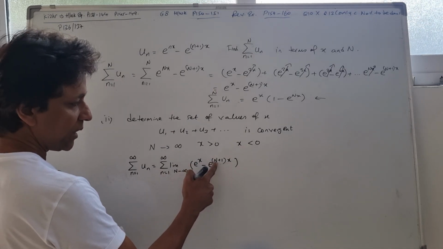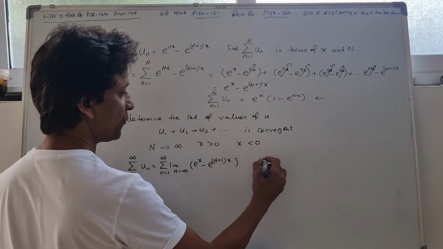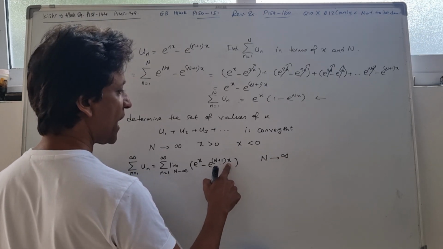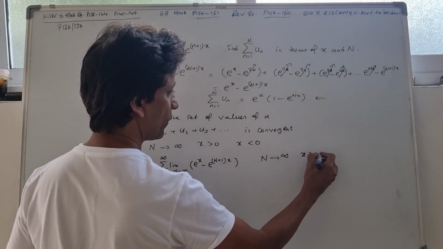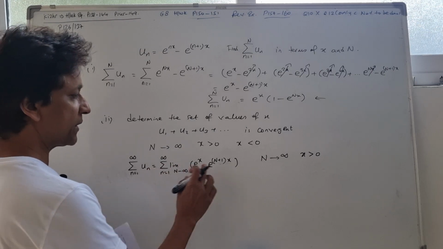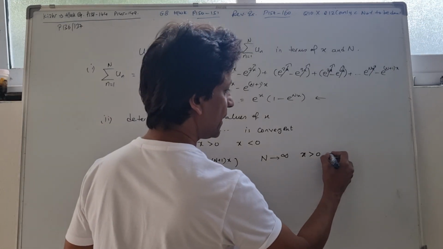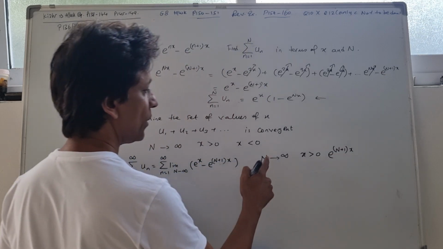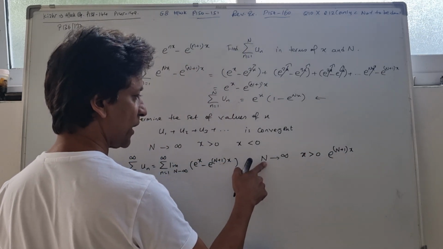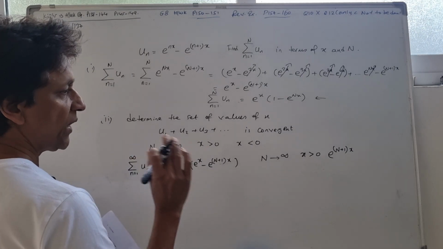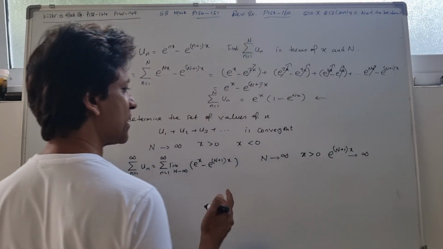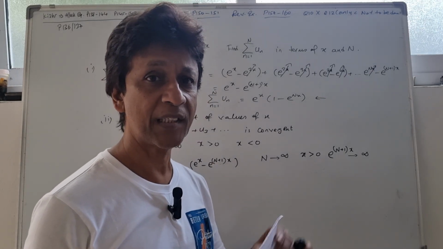Now, if n is approaching infinity, and let's say we have x being greater than 0, then e to the (n plus 1) times x is also going to approach infinity. Why? Because x is greater than 0. You can get the picture.